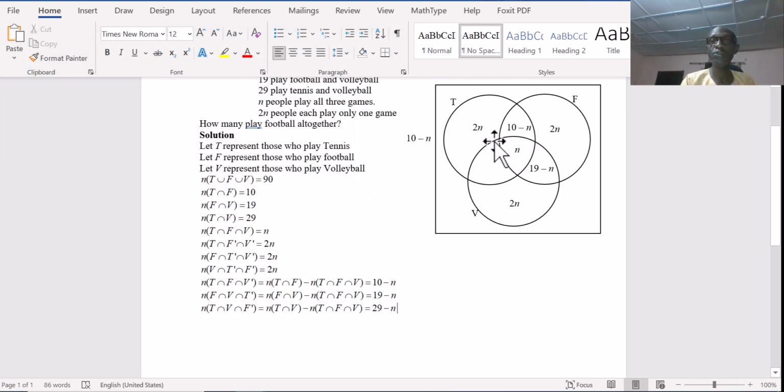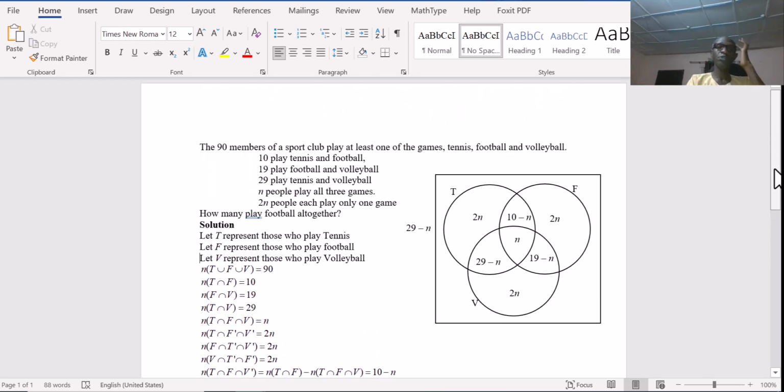So if you look at this circle, this is the place where T and V intersect. This circle. So we only need this region that I'm putting this. So when we subtract n from 29, we will get this region. So that is what we got. We got it to be 29 minus n. So now we have gotten all the data we are given.